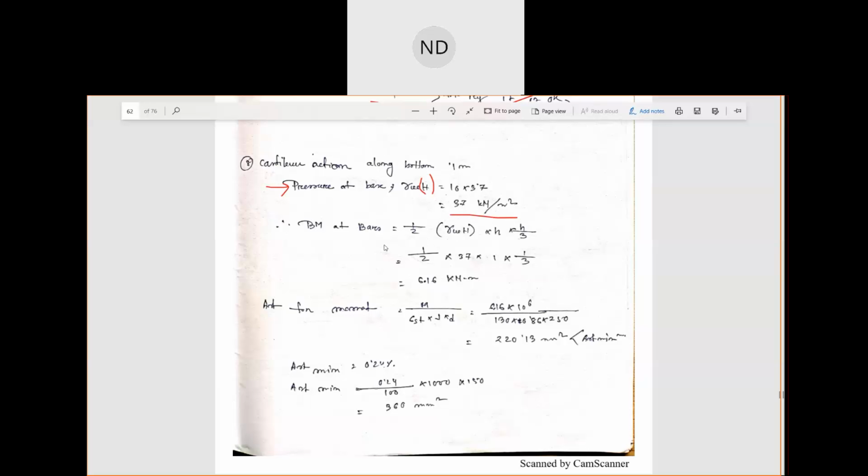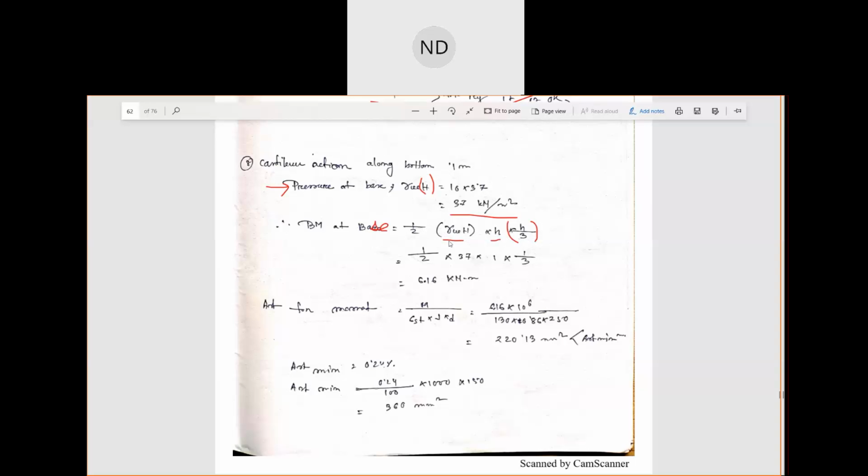So the bending moment at the base will be how much? For the triangular pressure, the area of the triangle is half into base into altitude.